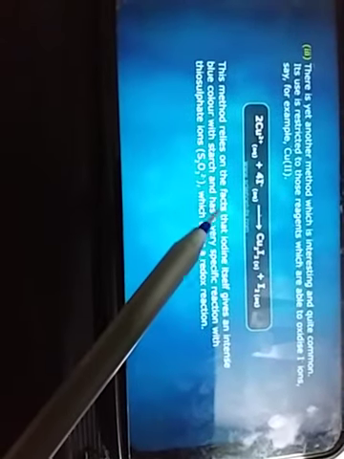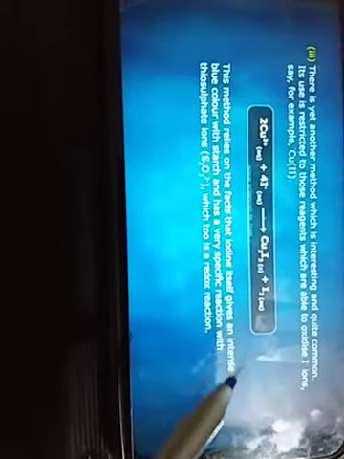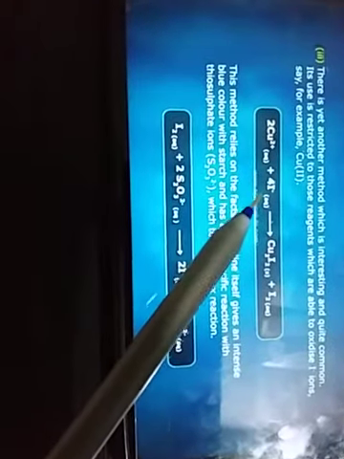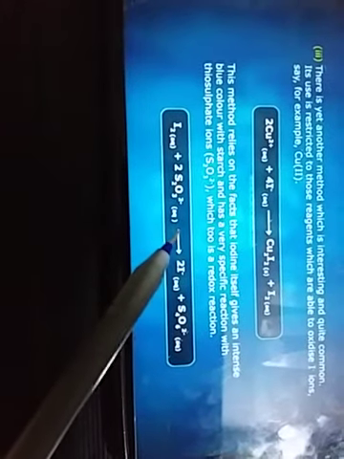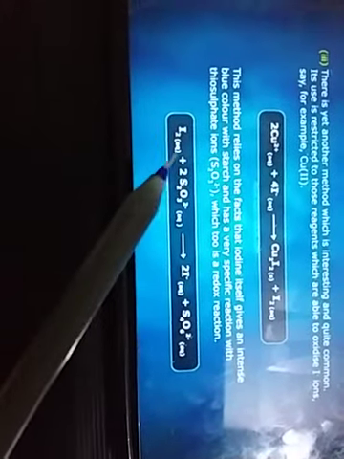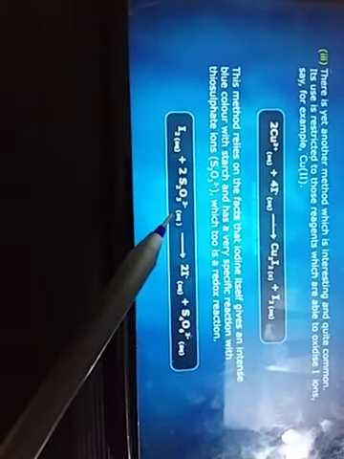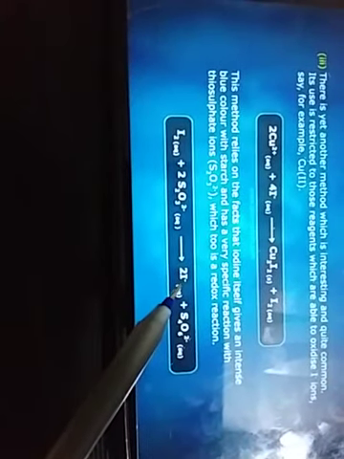And this method relies on the fact that iodine itself gives an intense blue color with starch and has a very specific reaction with thiosulfate ion, and it is a redox reaction. Here you see I2 reacts with S2O3 2 minus to give 2I minus and S4O6 2 minus.